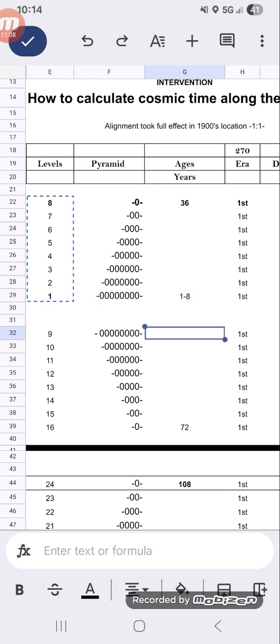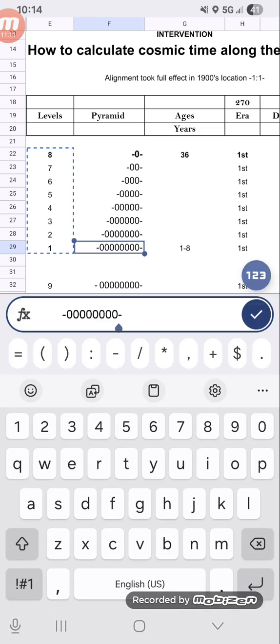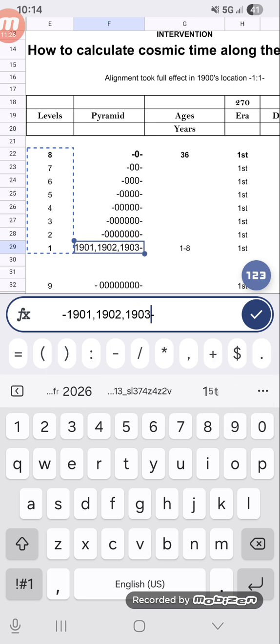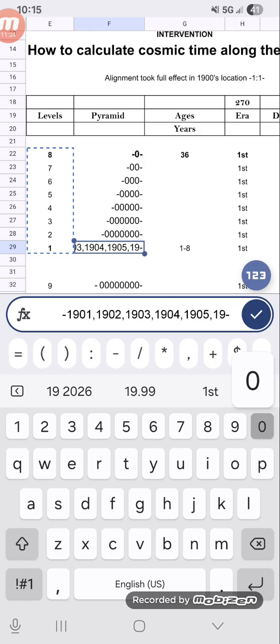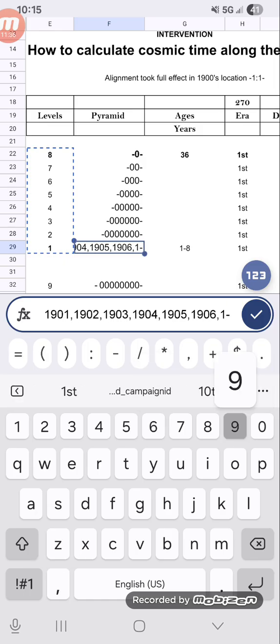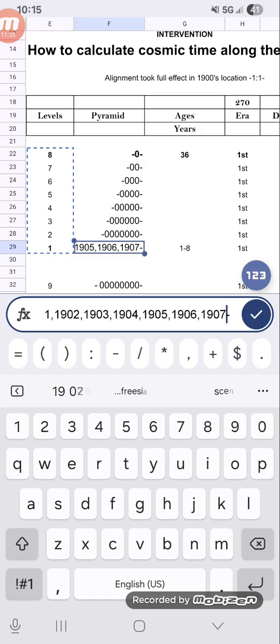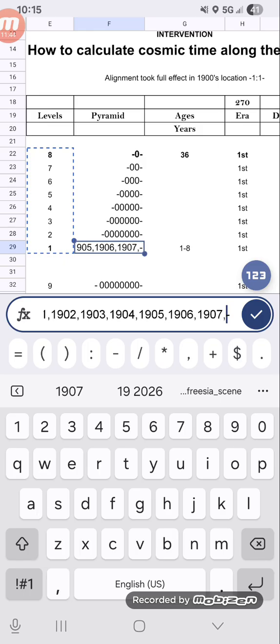So you can put the years in like 1901, 1902, 1903, 1904, 1905, 1906, 1907, and 1908.